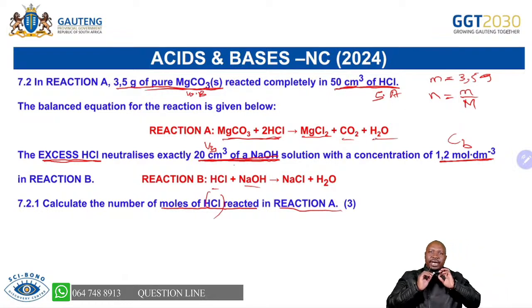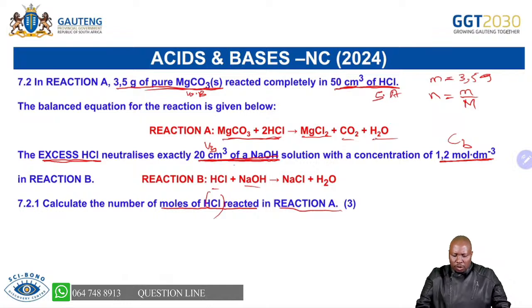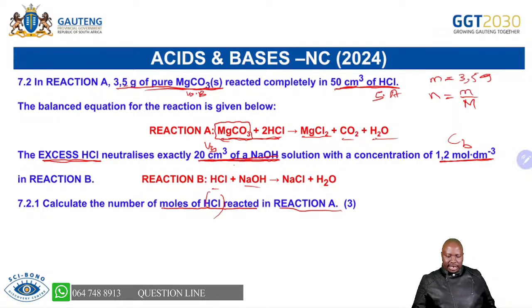So obviously, you will go back to the balanced equation. What are we given? We are given 3.5 of magnesium carbonate. Then you will use the mole ratio. I want you to have understanding. You will calculate the number of moles of magnesium carbonate because you are given the mass, and you can get the molar mass in that case.